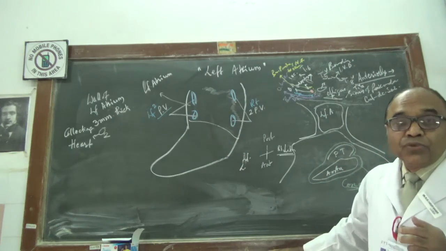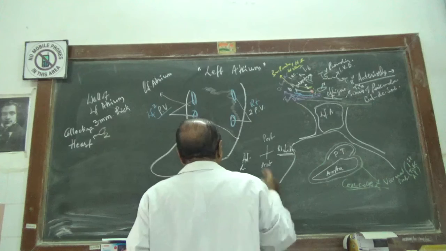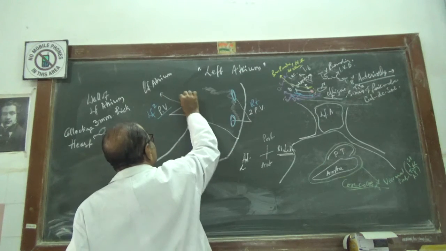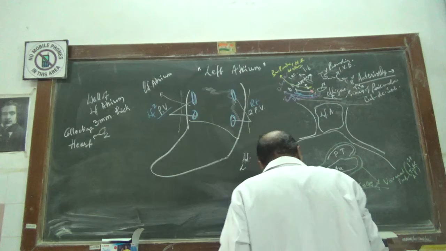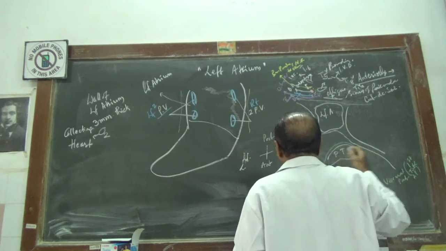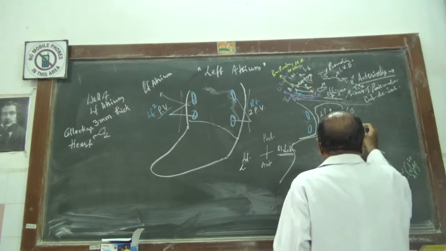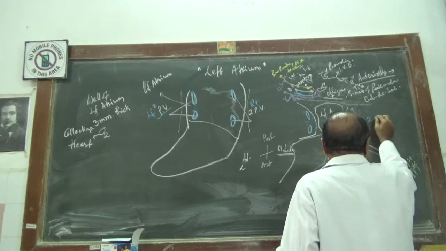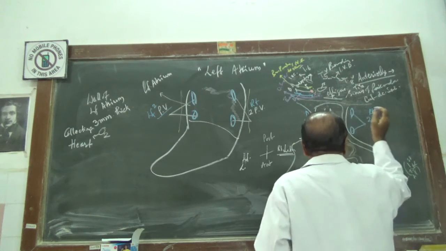Related to these, two pulmonary veins are coming out from the roots of the respective lungs. So you will be having on either side, laterally right and left, two pulmonary veins.